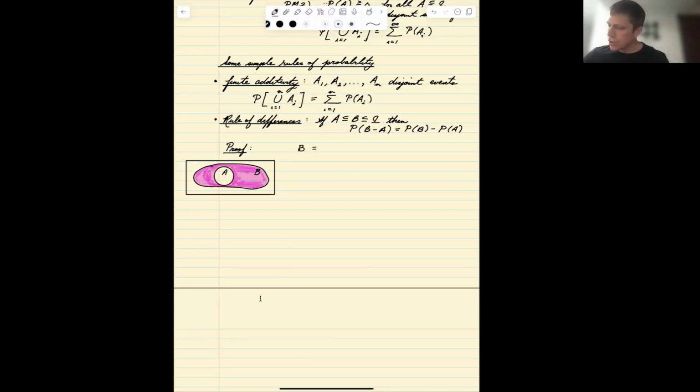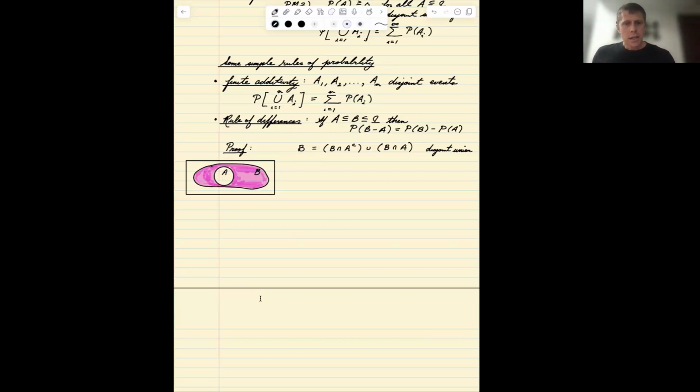Any set B can be written as the disjoint union of its intersection with A complement and its intersection with A, because A union A complement is everything, omega.